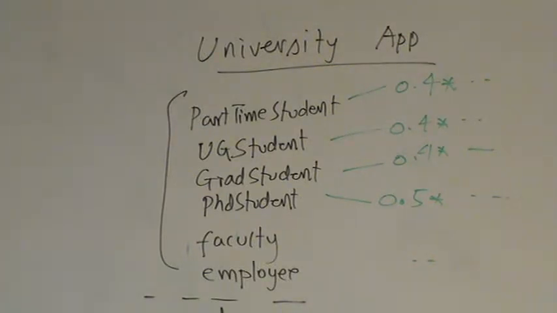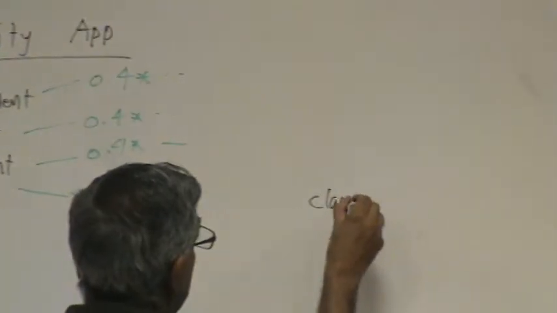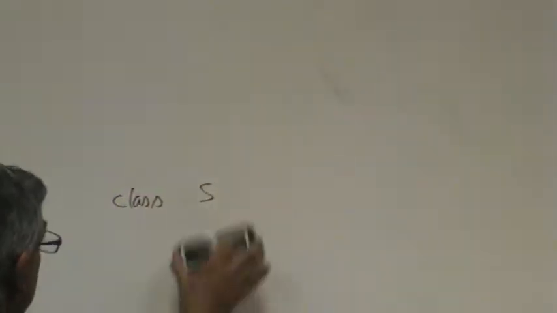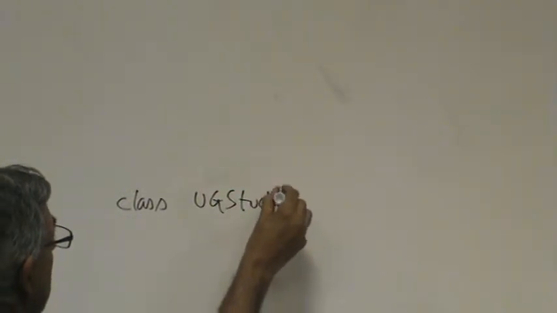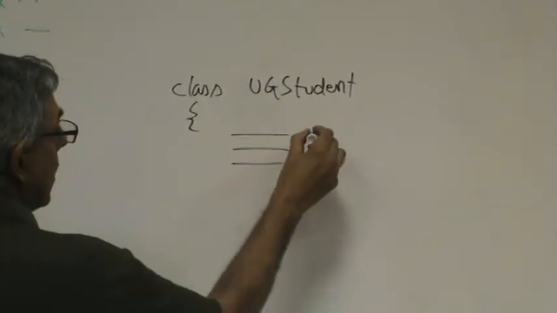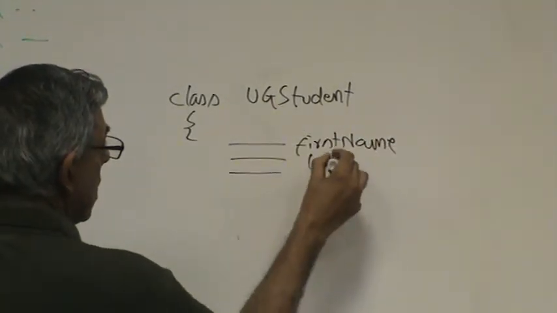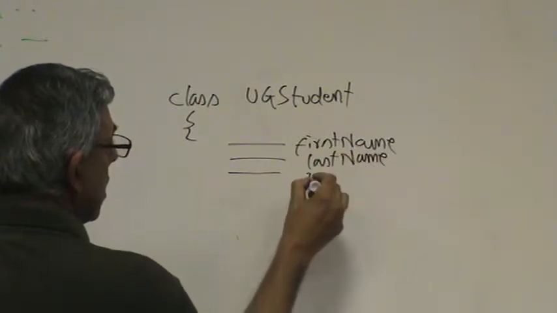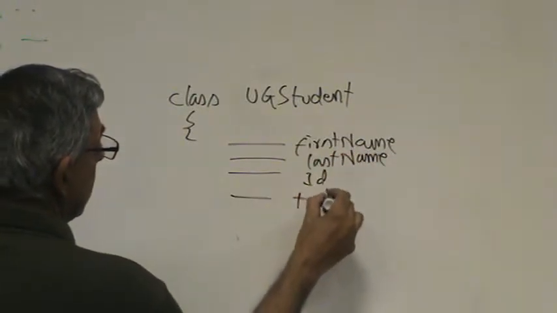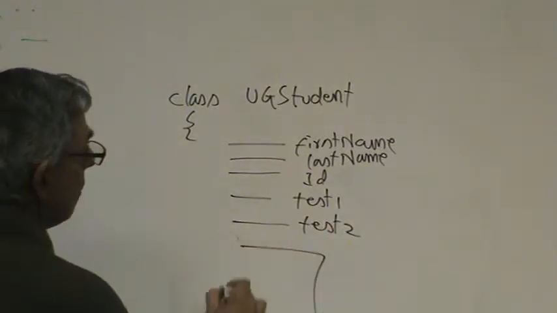So let's start from the student side. You may start creating a class called undergraduate student. You'll put the 5 fields over here: first name, last name, ID, test 1 and test 2, right? And you will also write the formula for compute grade.